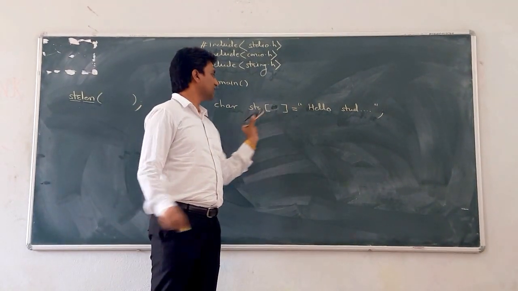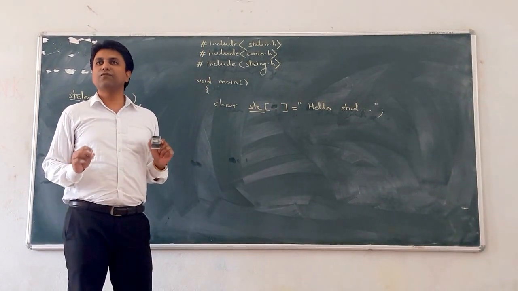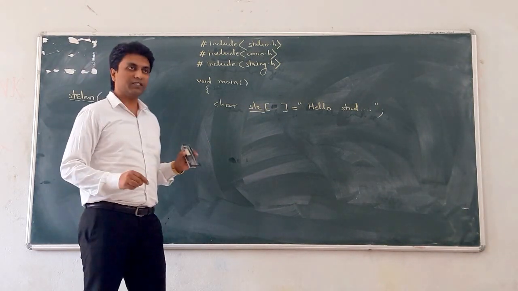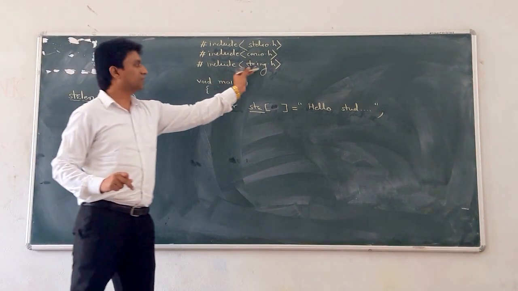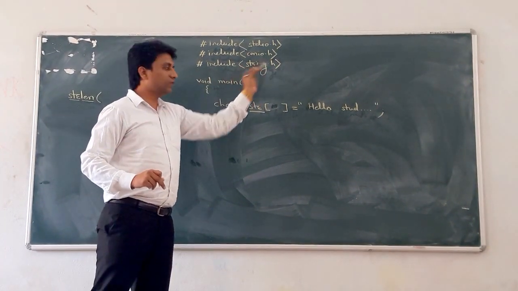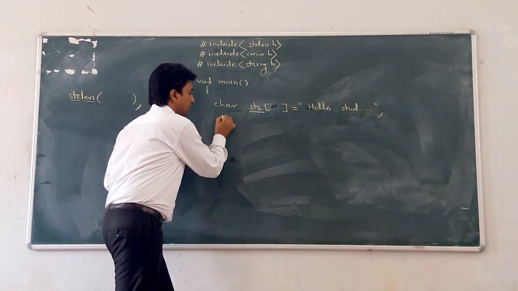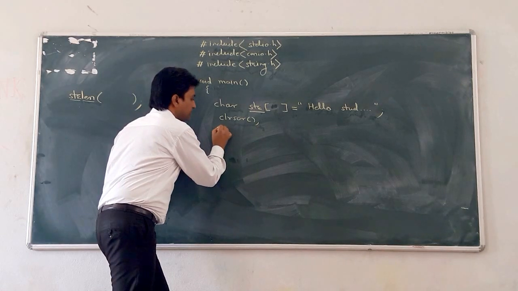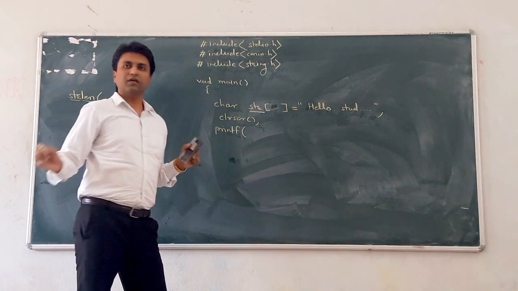So this is my string. This string is initialized to which string variable? str. Now I want to calculate the length of the string. For that purpose, the string length function is available in which header file? The string.h header file. We have already included that string.h header file. So just after clear screen, printf.